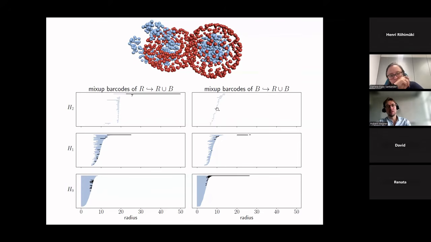And nothing interesting is really happening in terms of H2. So there was no really non-trivial blue void, so there was really nothing to interact with. So nothing really changes here.